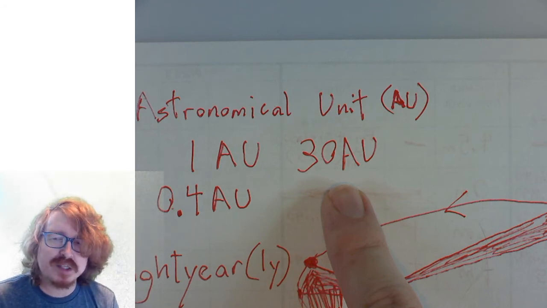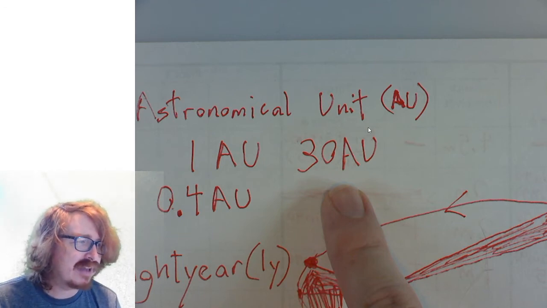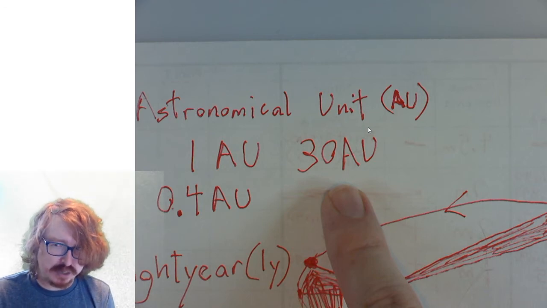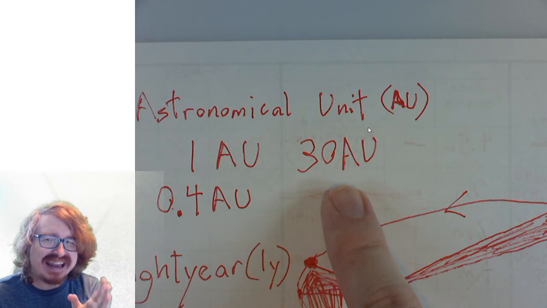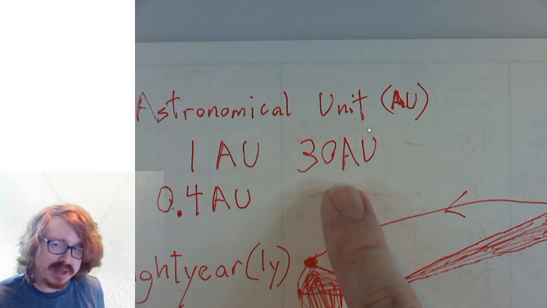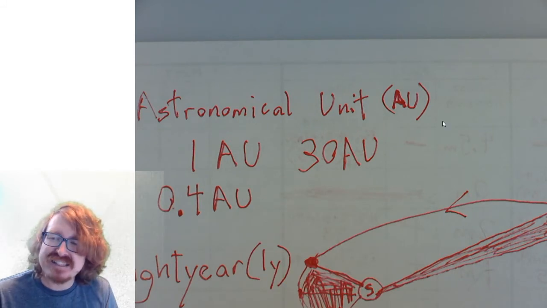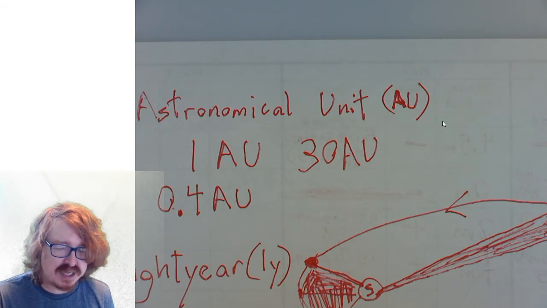So Mercury was moving faster than us. Neptune, it turns out, takes 186 years to go around its orbit. It's 30 times the size, but it takes 186 years to go around it, 186 times the time.